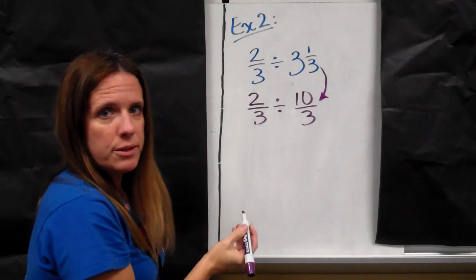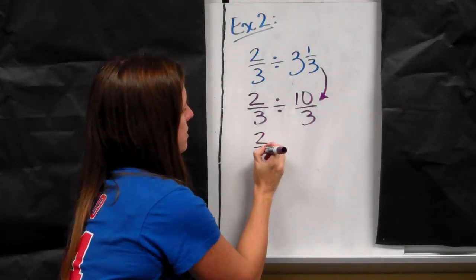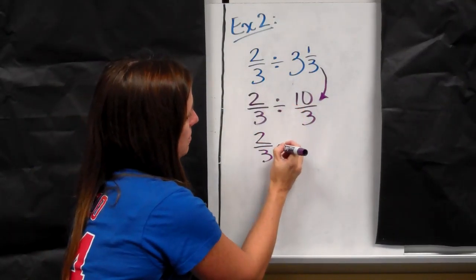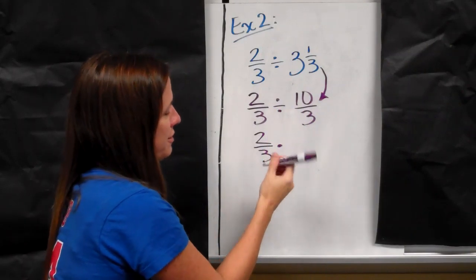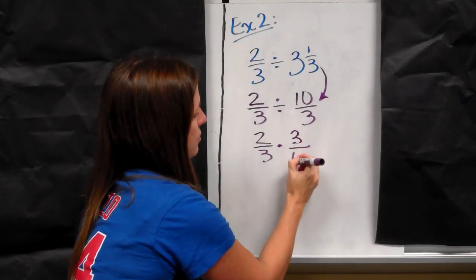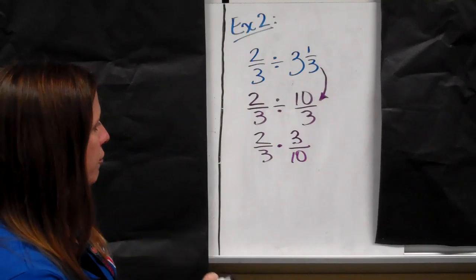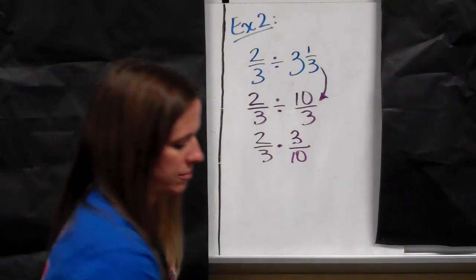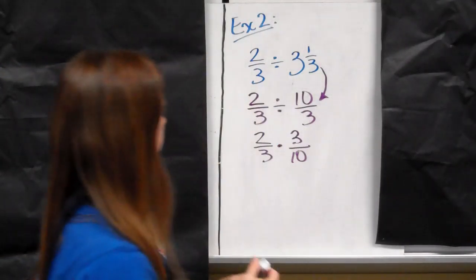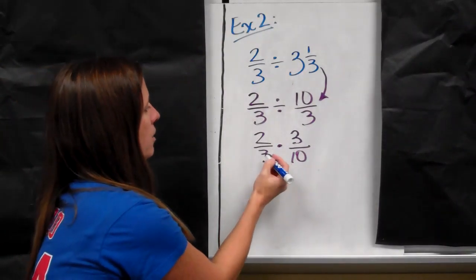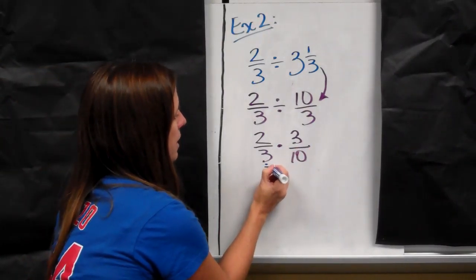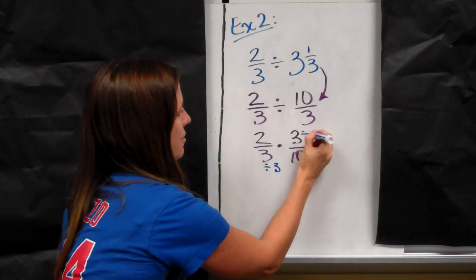Now we're going to rewrite with the reciprocal. So the 2/3 comes down, division changes to multiplication, and 10/3 becomes 3 over 10. Look for cross cancellation. Do you see any? There is some in this one. The 3's can cancel out, divide by 3, divide by 3.